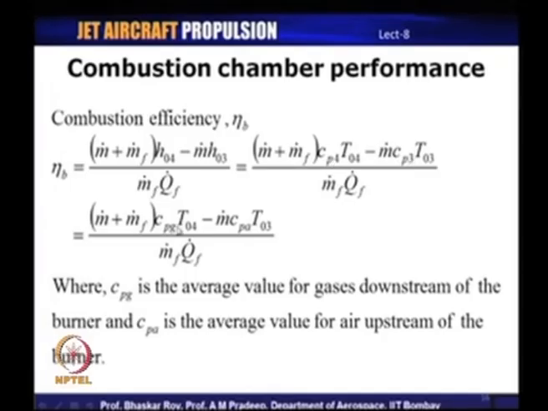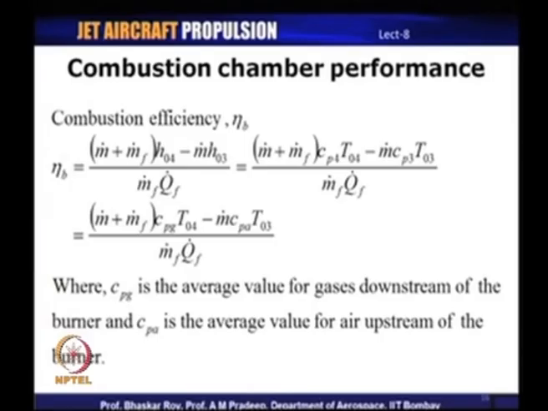So, this we will denote by Cpg, which is Cp for the combustion products or the gases. This is the average value for gases downstream of the burner. Cpa is the average value for air upstream of the burner. So, combustion efficiency is one of the parameters that we can define to evaluate or assess the performance of combustion chambers.